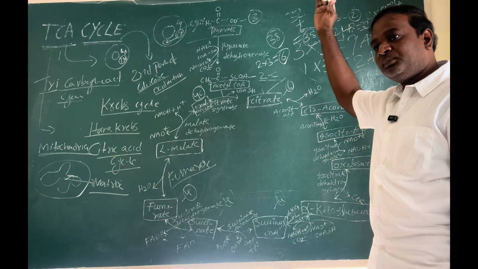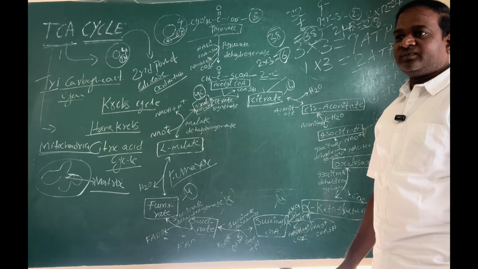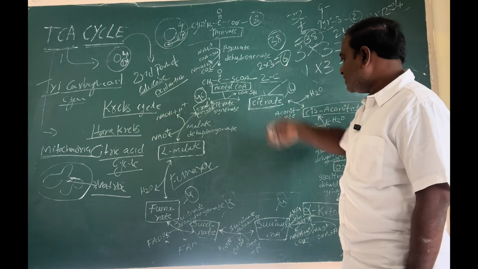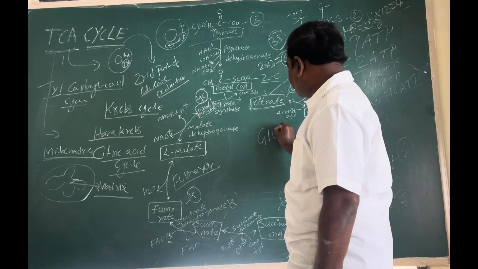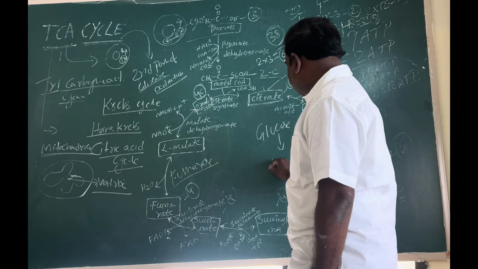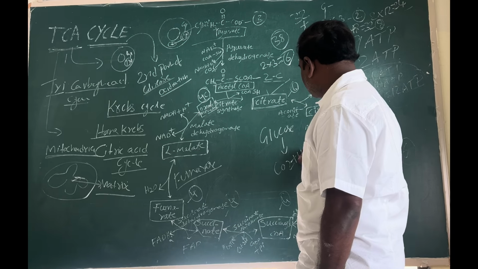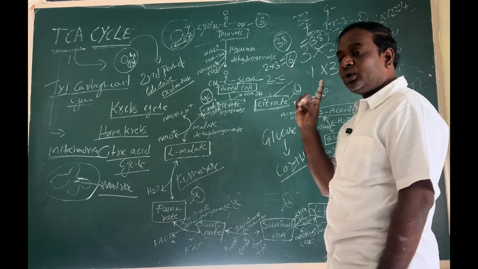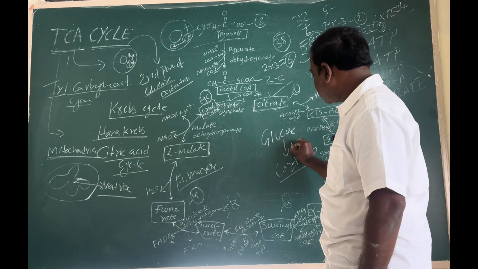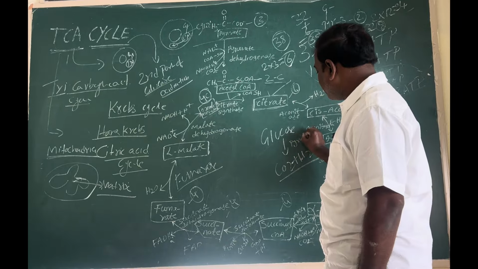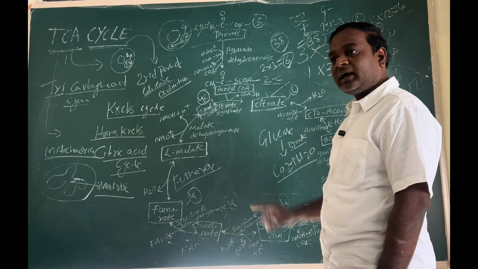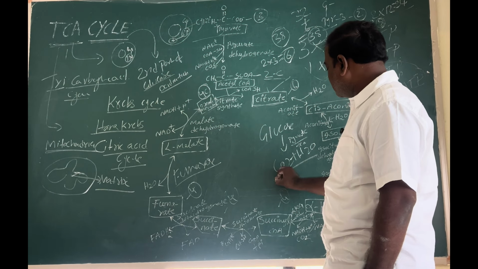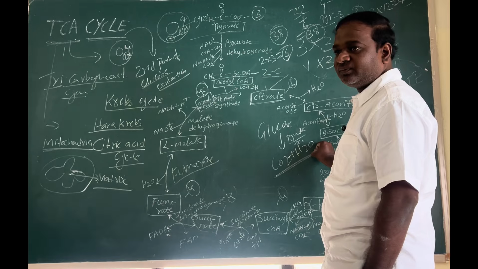That is the complete oxidation of glucose. Complete oxidation means glucose is converted into CO2 plus H2O. Only oxidation of glucose means glucose is converted into pyruvate. Complete oxidation means this pyruvate also enters into the TCA cycle to form CO2 plus H2O.